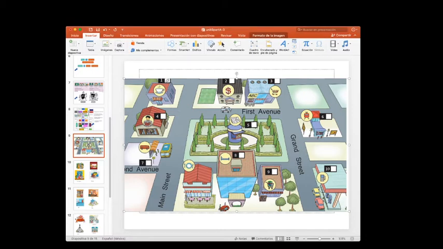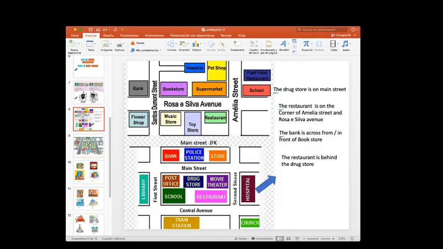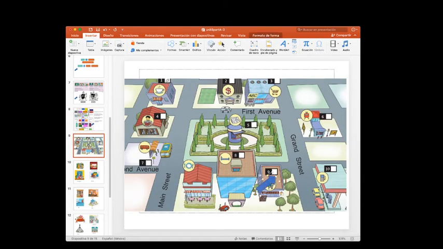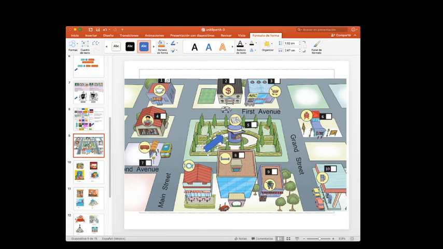This is the map. Complete the sentences with the correct prepositions. For example, the first one is the newsstand. Where is the newsstand? I cannot see the newsstand. Okay, this is the newsstand.